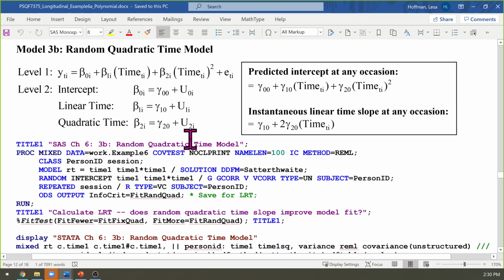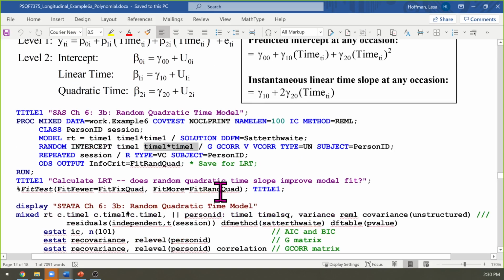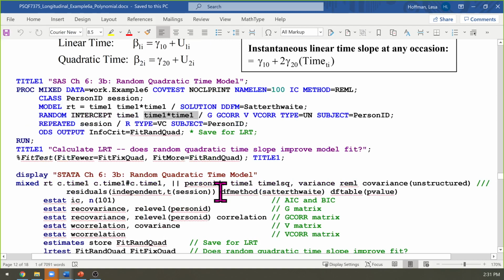U2 is going to be the individual deviation of each person's quadratic from the fixed quadratic. And that shows up here on the random line. So I'm adding quadratic time as a predictor on the random line as well as on the model line. So it stays as a fixed effect. You add it as a random effect also.